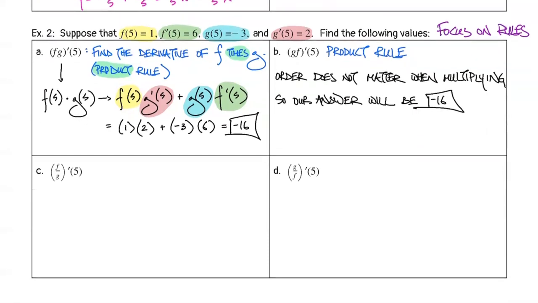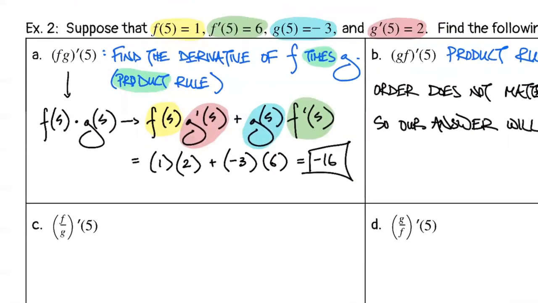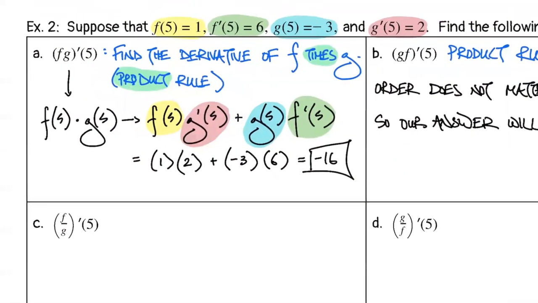Now, let's take a look at C and D, okay? So same yellow, green, blue, and red information above. And if we were to think about a rule we might need for letter C, what rule would you tell me to use? Quotient rule. Yeah. We're gonna need that quotient rule here.